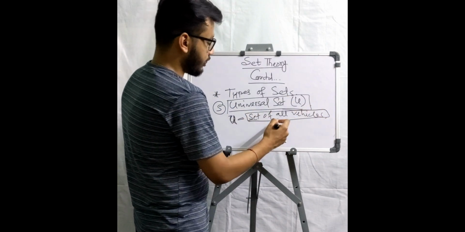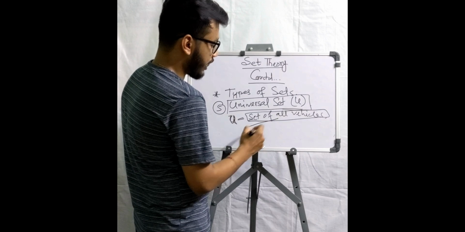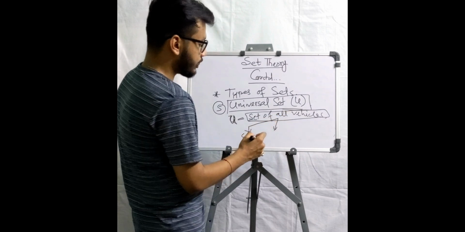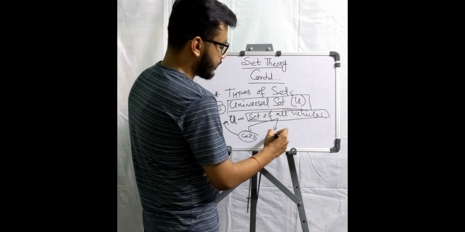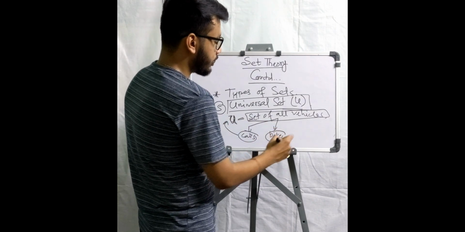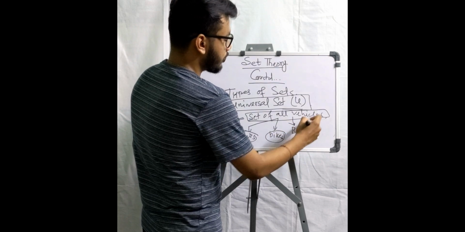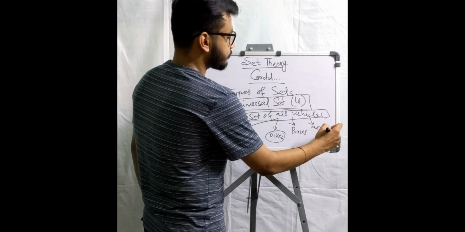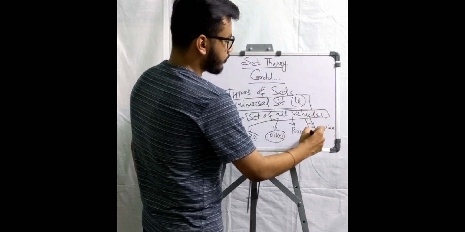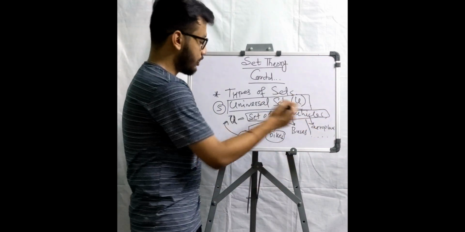In this particular set, we have a set of all cars, which is nothing but a subset of this universal set. We have got a set of all bikes, similarly the set of all buses, the set of all aeroplanes, and in this way many more things which belong to the vehicle set.